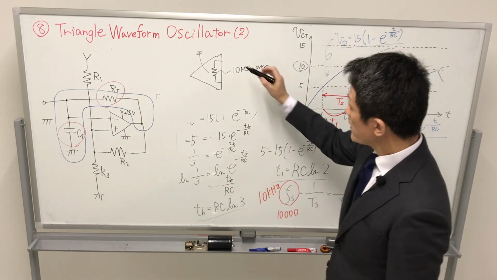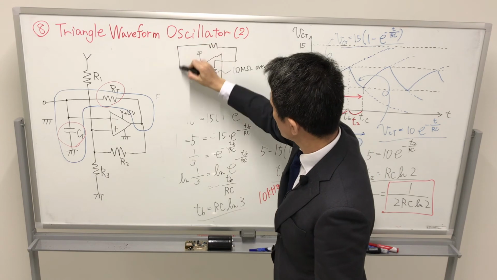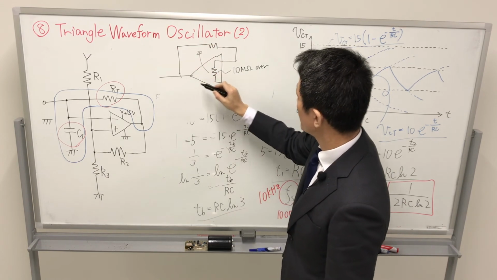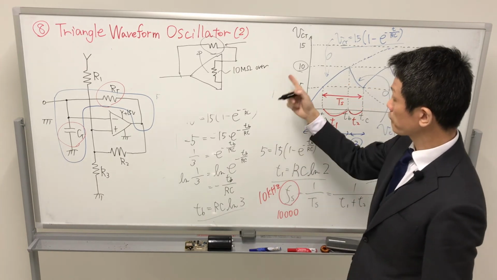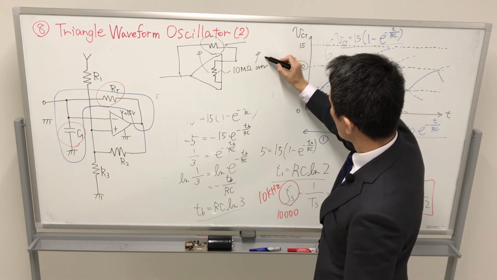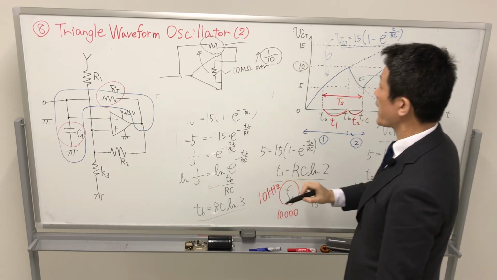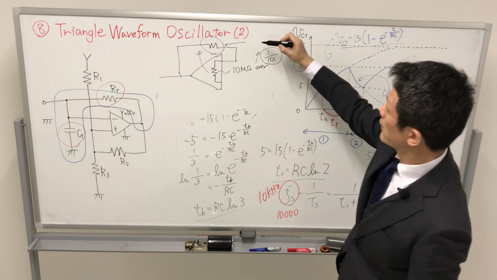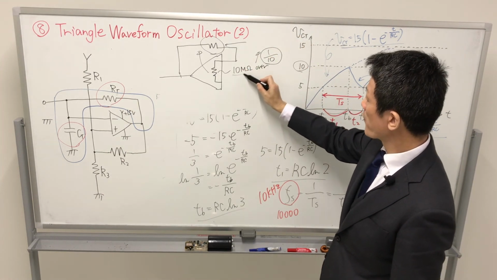And the resistance connected near this term is around 1 over 10 times of that resistance value. So the minimum is here.